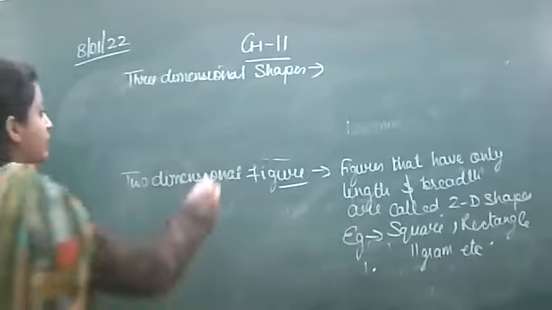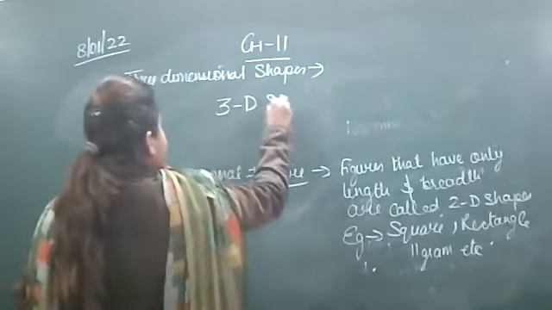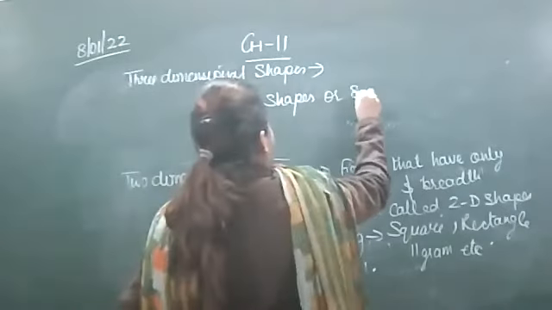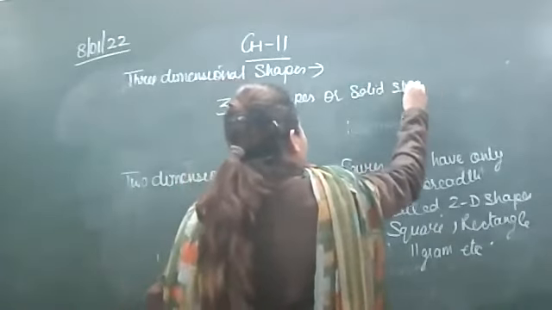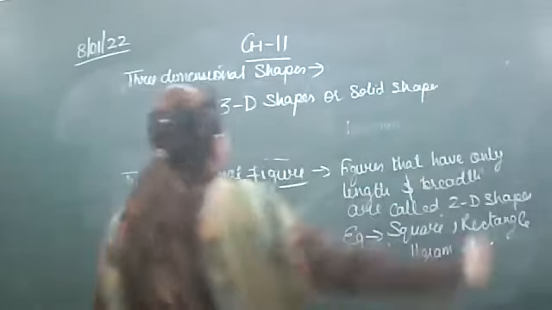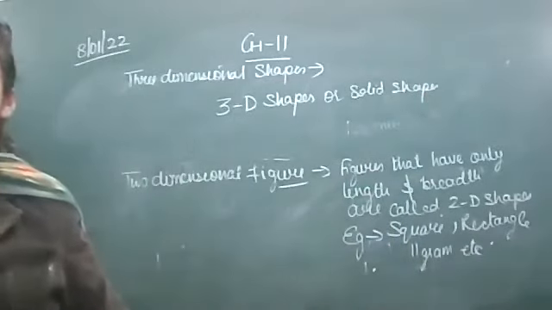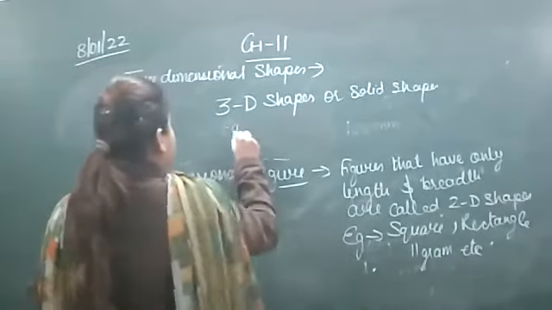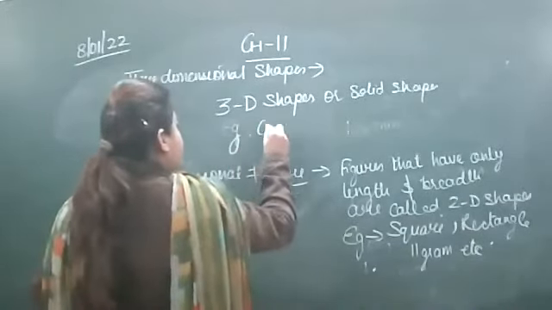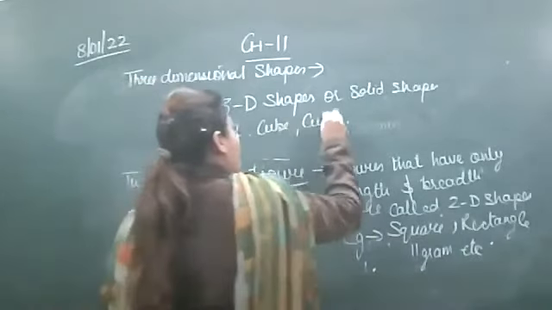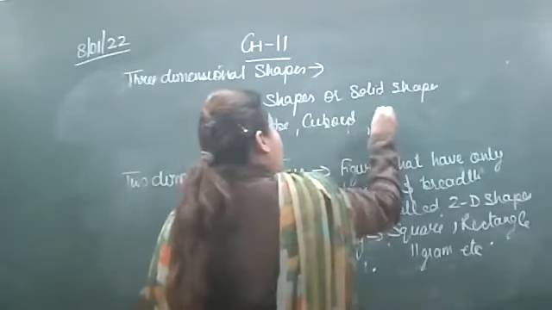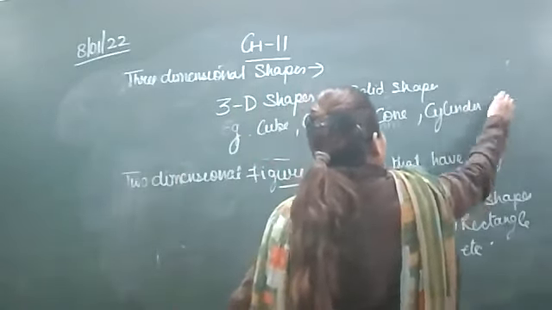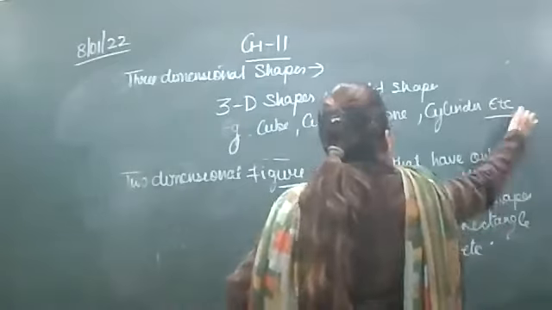So they are called 3D shapes or solid shapes. Example: cube, cuboid, cone, cylinder, etc.